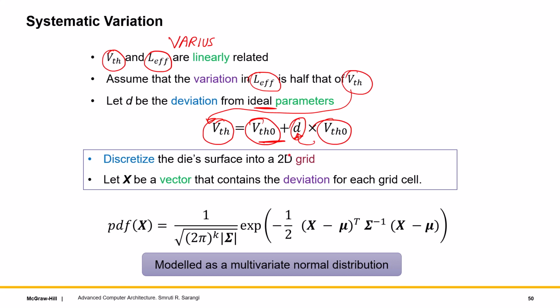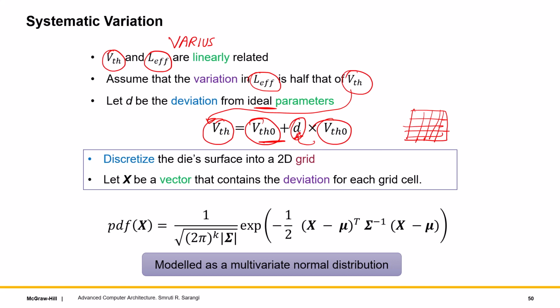So to compute it, we discretize the surface of a die into a 2D grid. So we have a lot of cells, n cross n cells. Let X be a vector that contains the deviation for each grid cell. Deviation in this case is a dimensionless quantity. If it is 0, the threshold voltage is the same as the baseline.